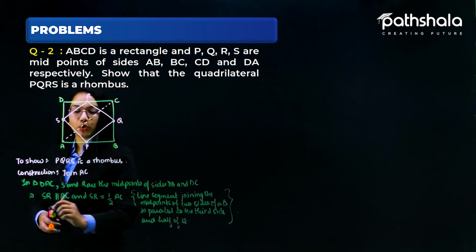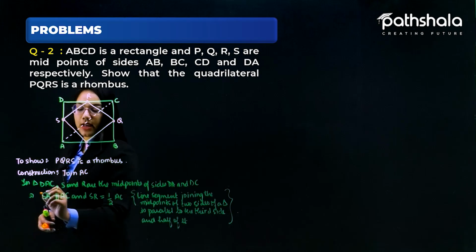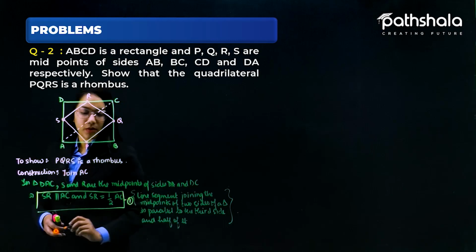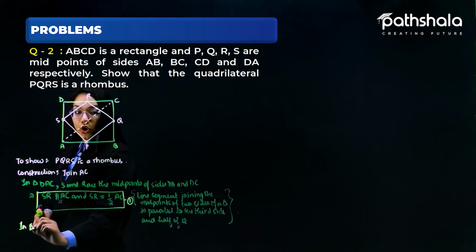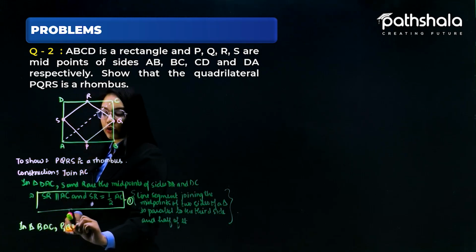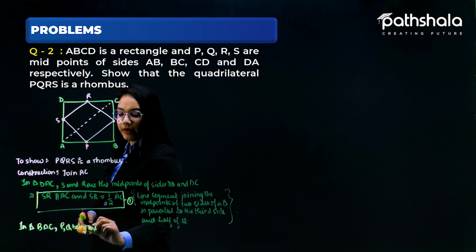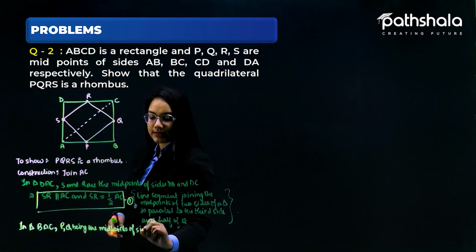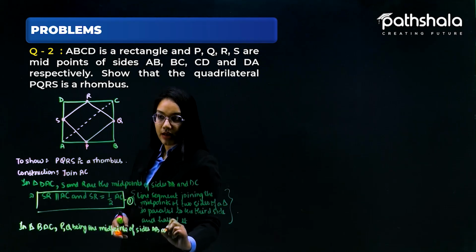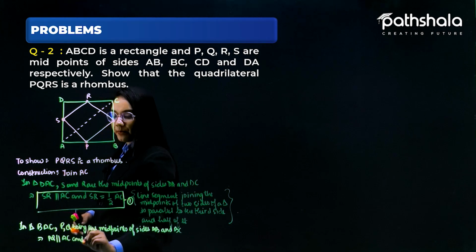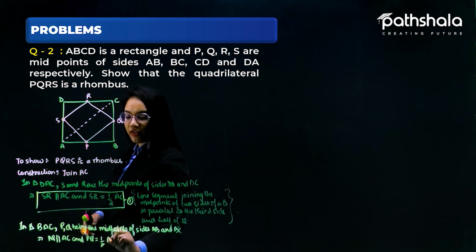Moreover, in the same way, let us call it equation number 1. Again, we can say that in the triangle BAC, P and Q being the midpoints of the sides AB and BC, it implies that PQ is parallel to AC and PQ is half of AC.